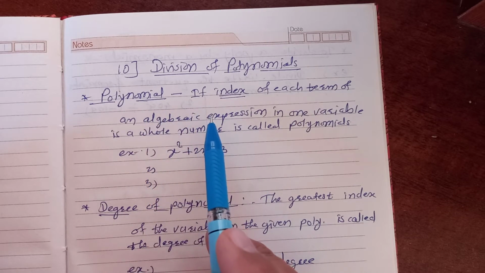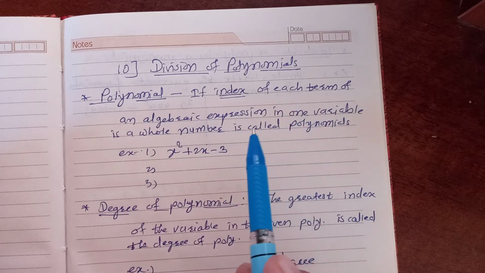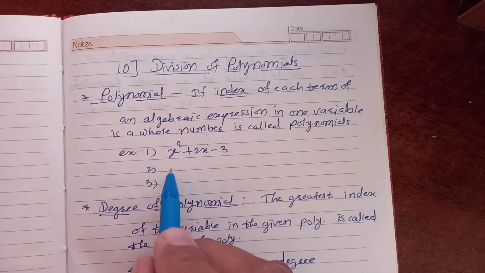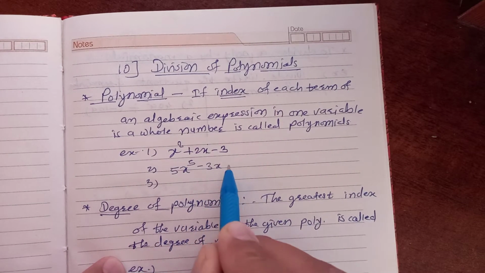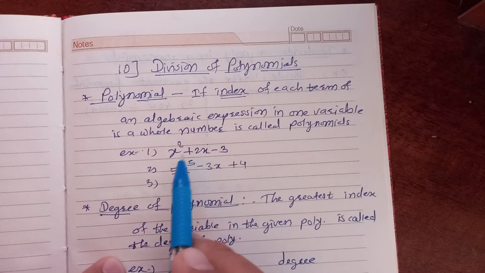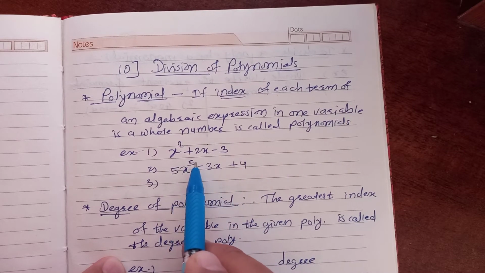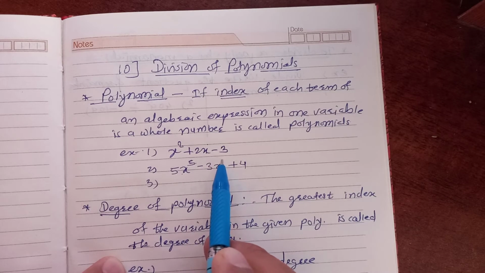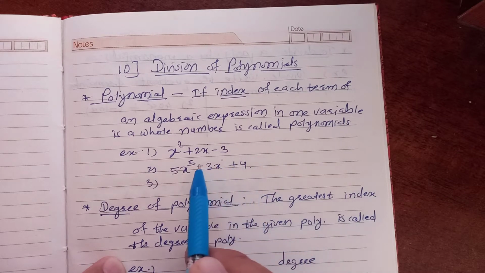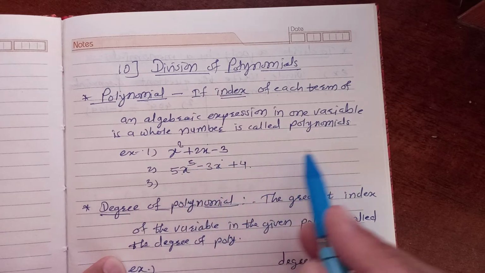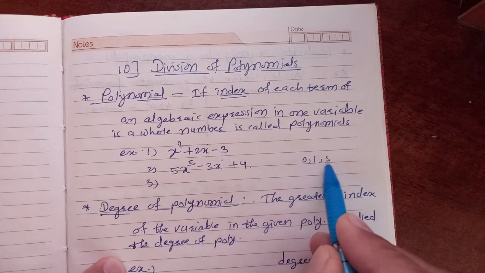Whole numbers, you know, start from 0, 1, 2, 3 up to infinity. Suppose here 5x raised to 5 minus 3x plus 4. Here the power of this variable is 5. Here no power means 1. Here no variable means the power is 0. So the powers 0, 1, 5 are all whole numbers.